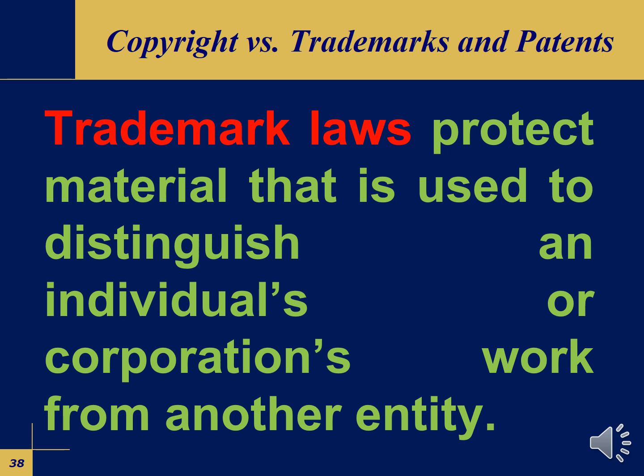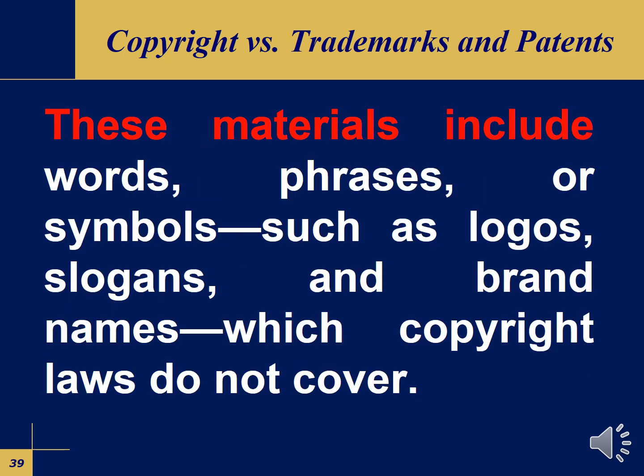And as already said, trademark laws protect material that is used to distinguish an individual's or corporation's work from another entity. Trademark includes words, phrases, symbols such as logos, slogans, brand names, which copyright laws do not cover. That's why there is a difference between copyright and trademark.